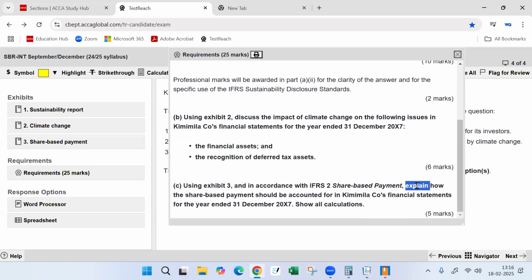Whenever there is discussion, you have to critically evaluate, which means you have to give the positive aspects as well as negative aspects of that particular situation. This is clear, guys? So read those verbs, prepare those verbs, keep reading those verbs and keep reading your question papers. Likewise, if you do multiple questions, it's going to help you.